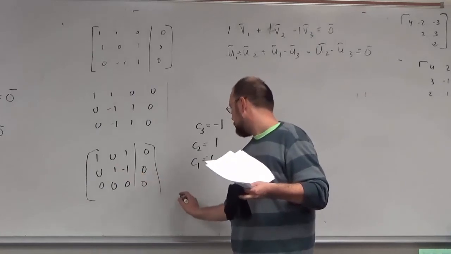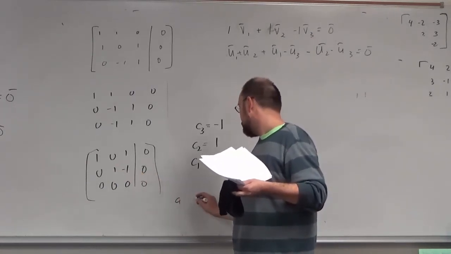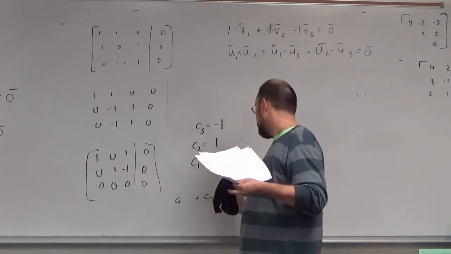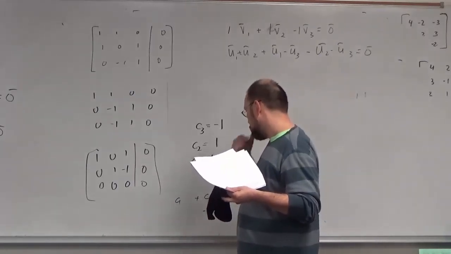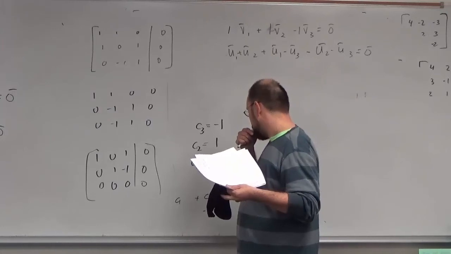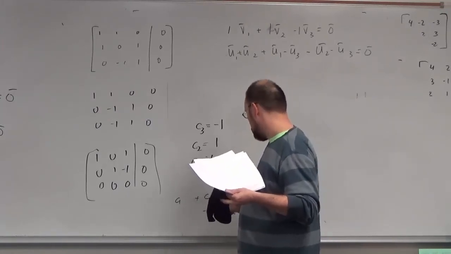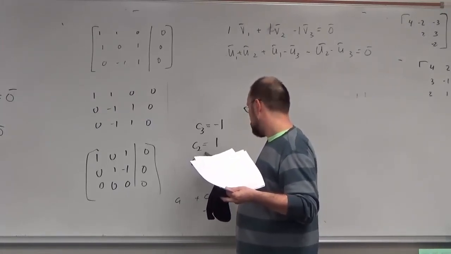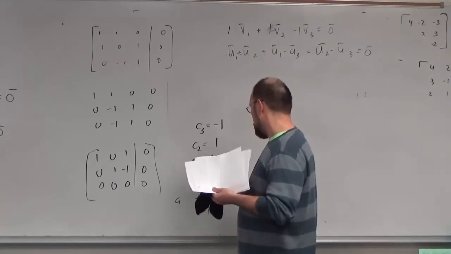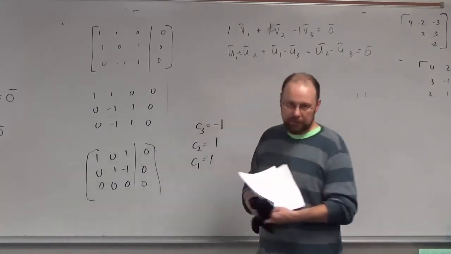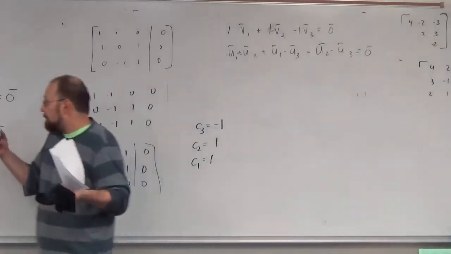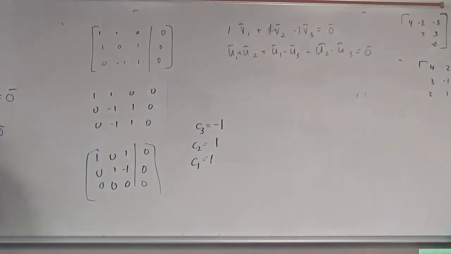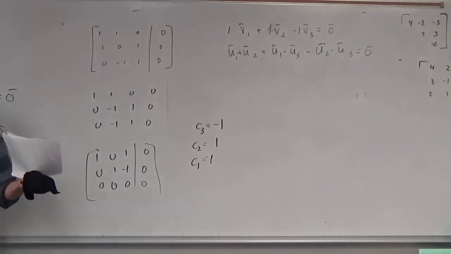The first row says C1 plus C3 is 0, so if we let C3... What am I doing wrong? Why do we know the value of C3? We don't, we just chose it because we have infinitely many solutions, right? And all we're after is a single solution for these coefficients where at least one of the coefficients is not 0.